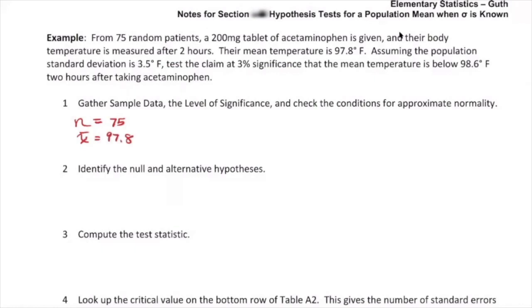Assuming a population standard deviation, that's sigma, of 3.5. Tested claim at 3% significance, that's our alpha, 0.03, that the mean temperature is below 98.6. That's the alternative hypothesis, mean below 98.6.